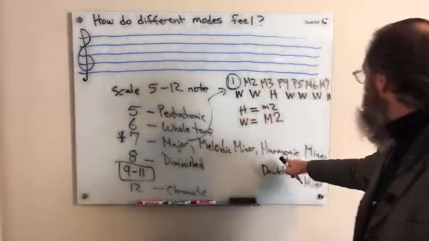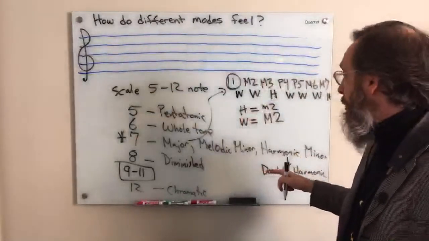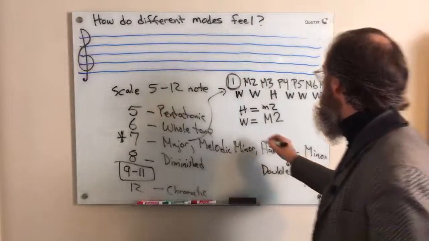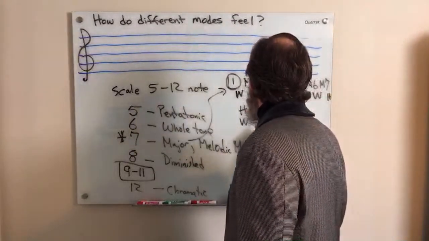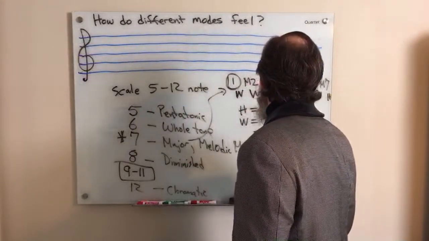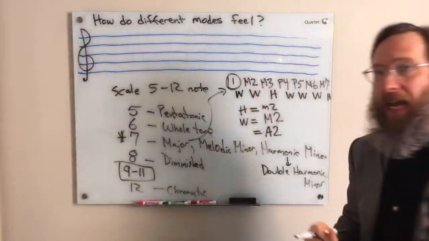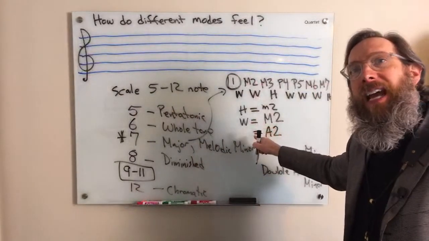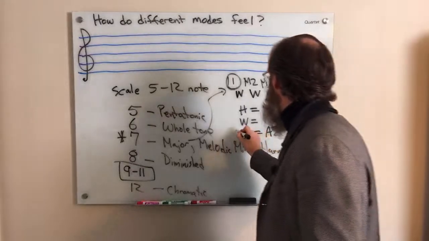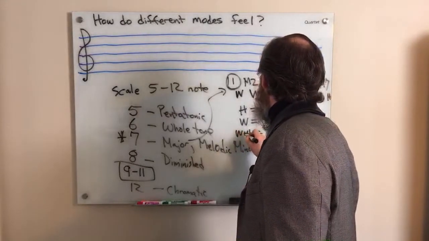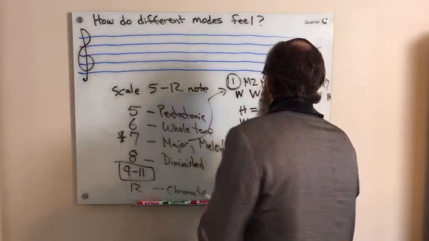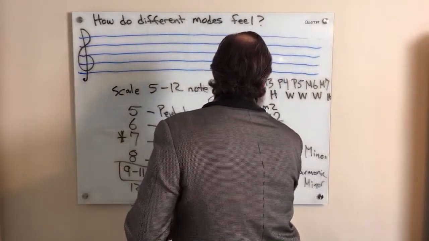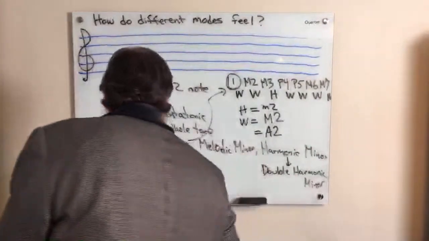Now when we get to harmonic minor and some of the double harmonic minor scales, we have an augmented second. So some theory texts will call it a whole plus half, right? So let's do like this. And let me write that a little bit neater so you can all see that if you're watching the video.